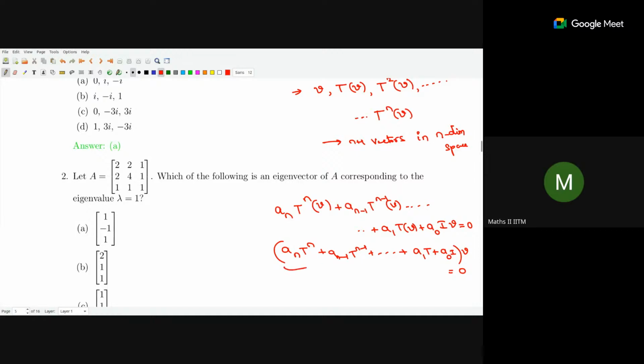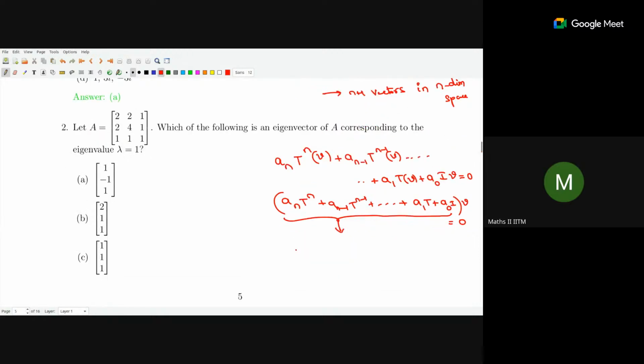Now this, you see, let's suppose instead of T there is some variable x. It's an n degree polynomial in terms of T. Correct? If it is an n degree polynomial, it will have n roots.